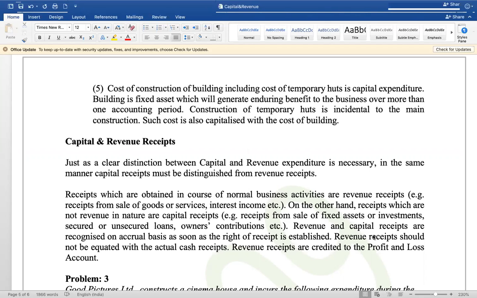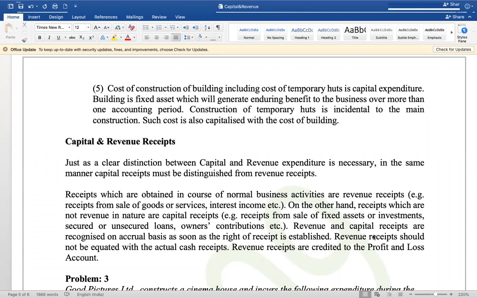Similarly, let's say the amount on the share capital is to be received, and it has become due. There's a due date, and that due date is achieved. Once it becomes due, that's called accrued.